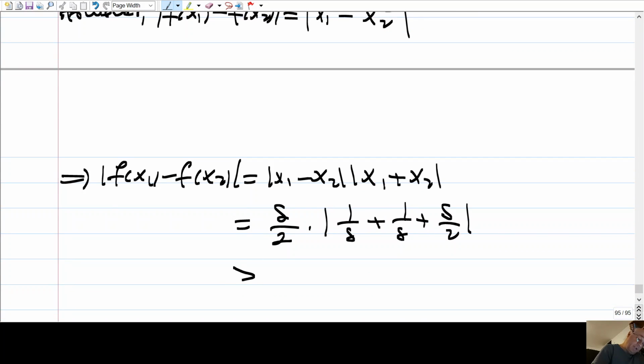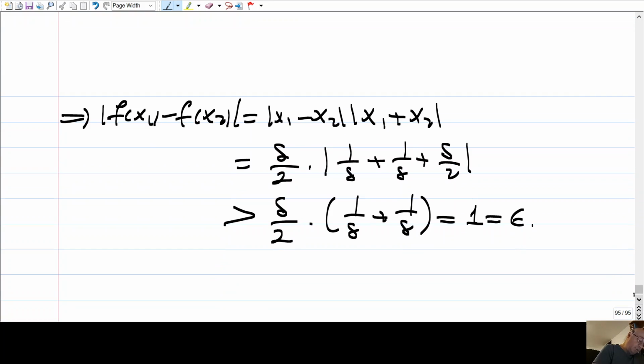You see, this is larger than 1 over delta plus 1 over delta, since these are all positive. So this is just 2 over delta. Multiplied by delta over 2, this is 1. So this difference is strictly larger than 1, which is my epsilon, and this finishes the proof.